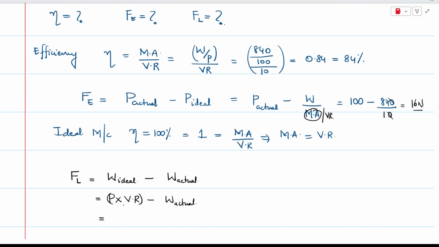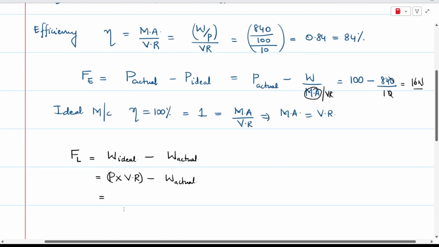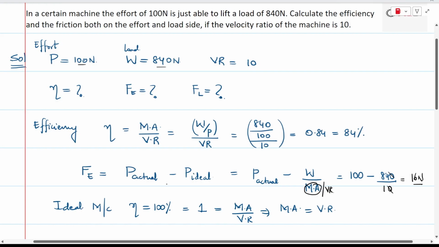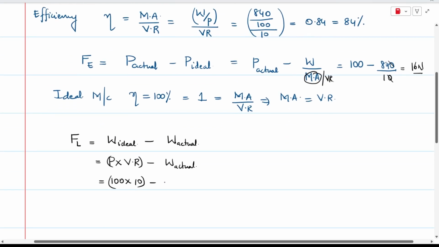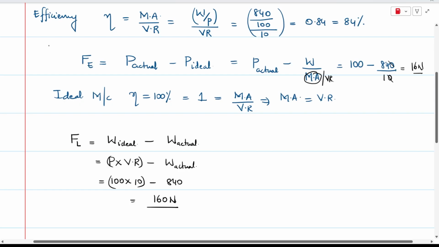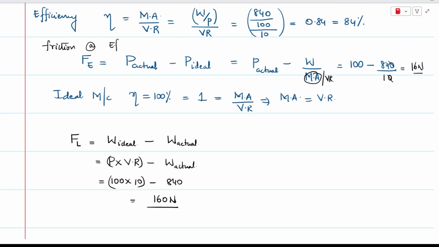So the effort imposed on the machine is 100, into velocity ratio 10, minus the actual load that is being applied, 840. So that is 1000 minus 840, which is equal to 160 newtons. This was friction at effort side, and this is friction at load side.